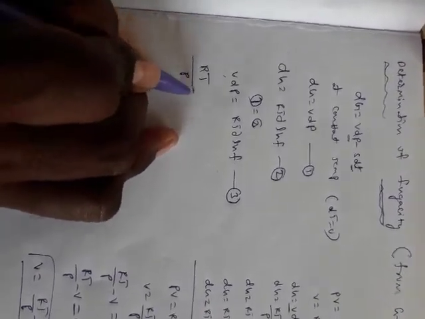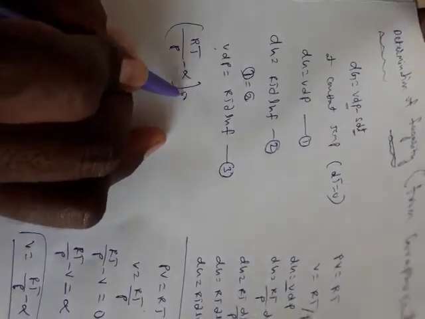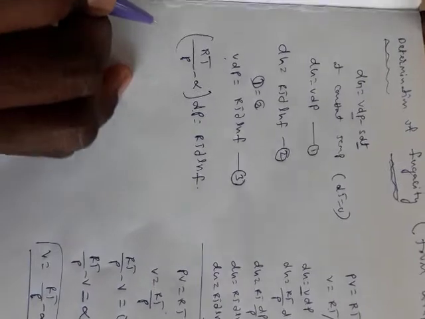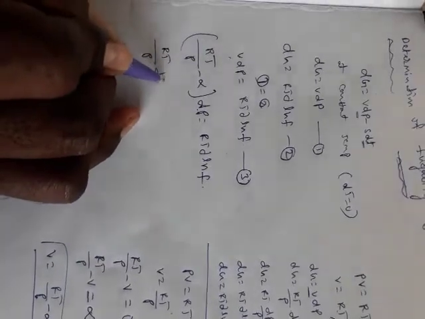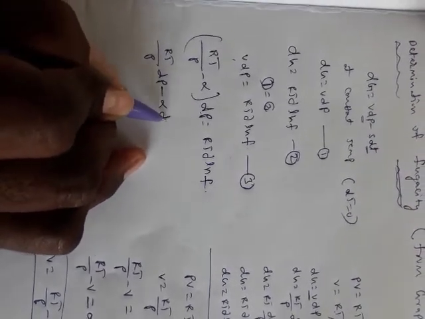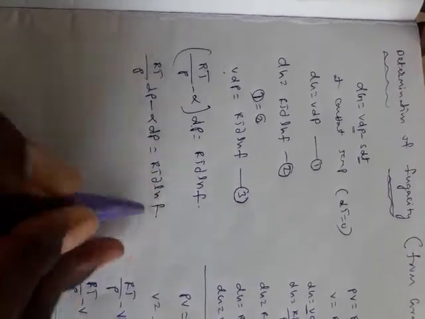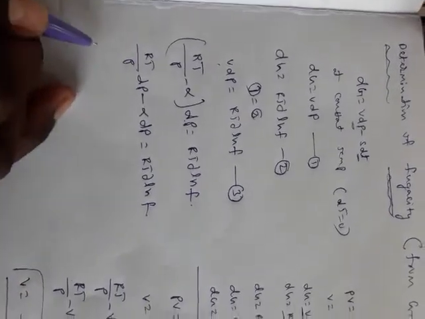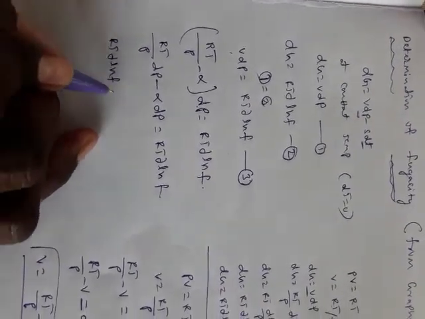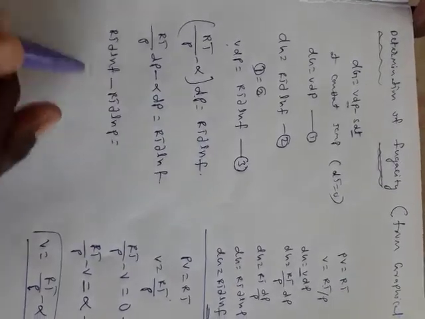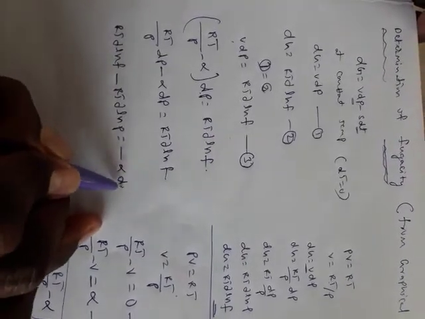RT by P minus alpha into dP is equal to RT d ln F. After that, multiplying dP inside the bracket: RT by P into dP minus alpha into dP is equal to RT d ln F. Here, moving terms, RT d ln F minus RT d ln P is equal to minus alpha into dP.